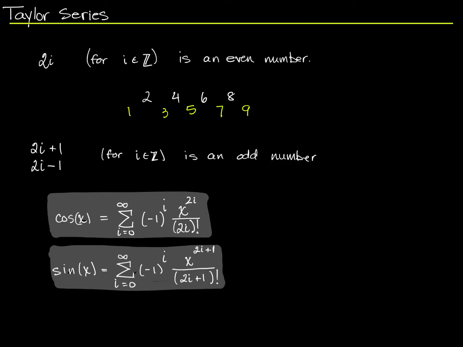We also have, from a previous screen, e to the x is equal to its series. When I get farther down onto the screen, it's harder to control my pen and how it works. So I get x to the i over i factorial. So here's a third nifty result.